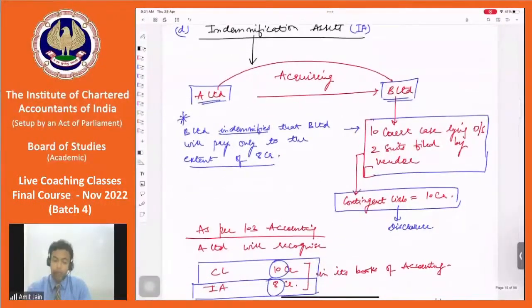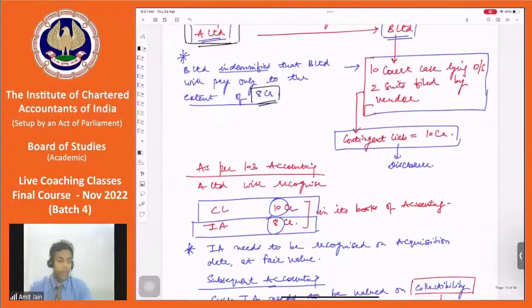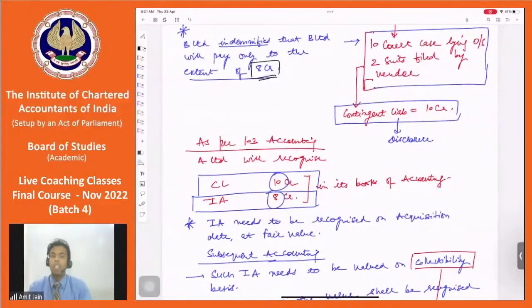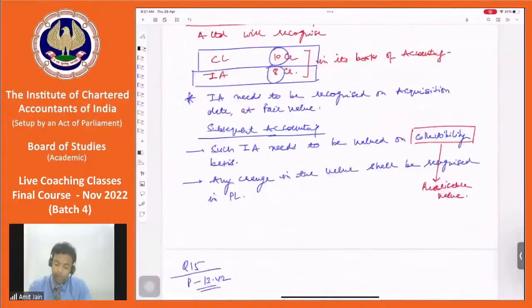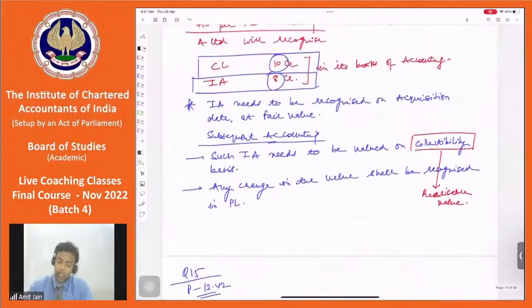Indemnification asset. What is indemnification asset? Where there are certain court cases lying in the books of accounts, which are going on and pending, the acquirer is asking to be compensated if a liability comes up in the future. That amount is called indemnification asset, and indemnification asset cannot exceed the contingent liability. Correct? How does it need to be recognized subsequently?